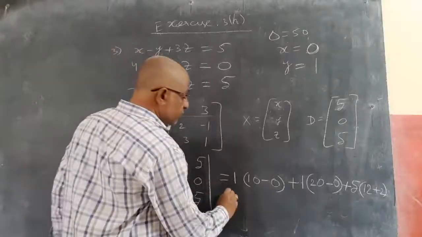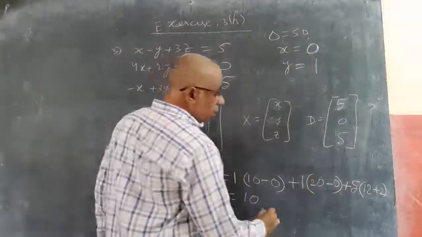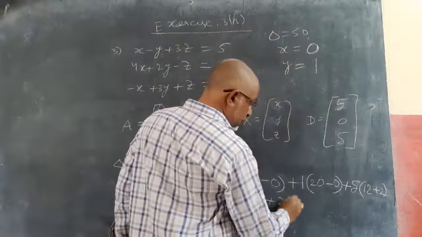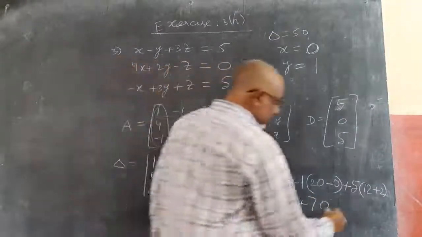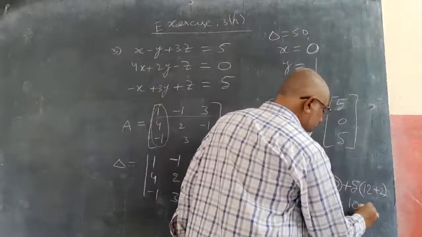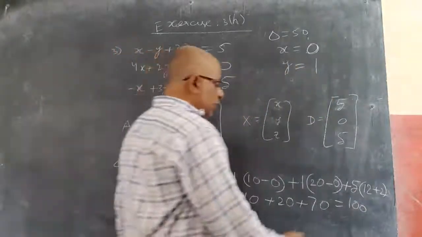So left out is 1 into 10, 10, plus 1 into 20, 20, plus 14, 5 is 70. So 70 plus 20 plus 10 is nothing but 100. So delta 3 is equal to 100.